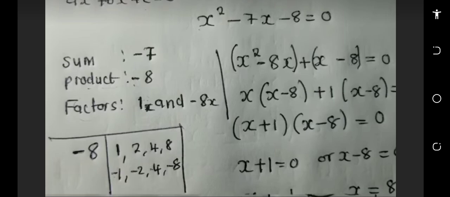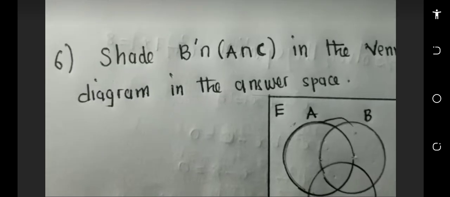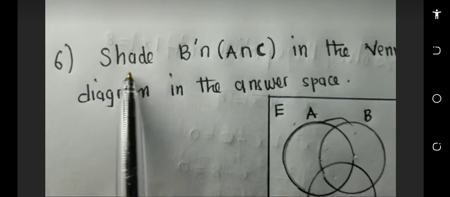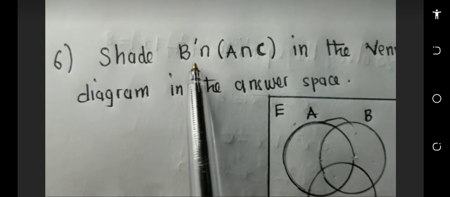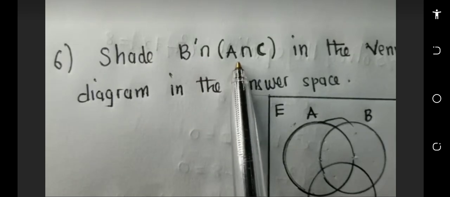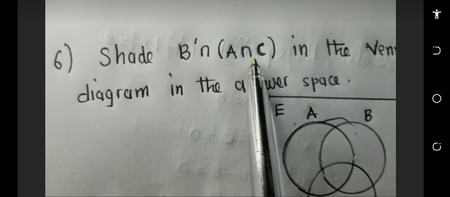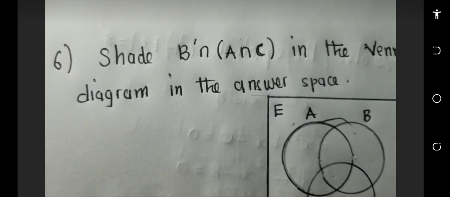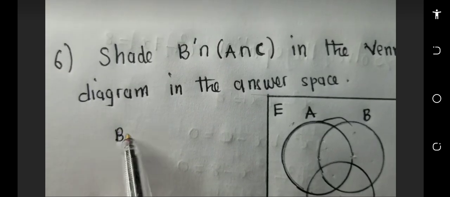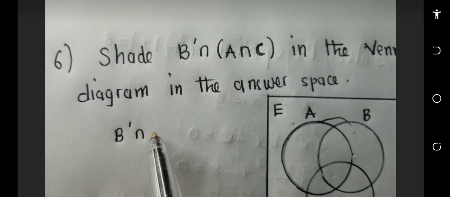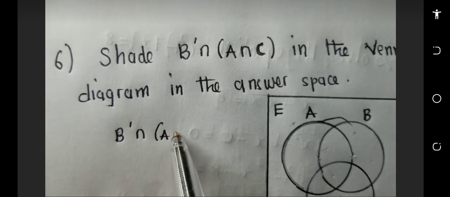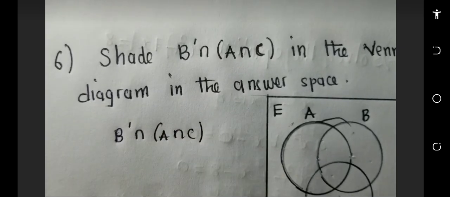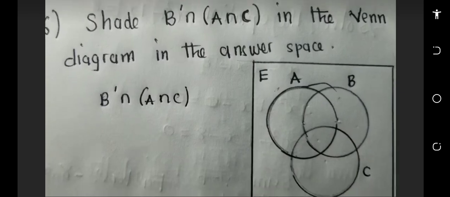Let's go to question 6 now. All right, so for question 6 here, we've been asked to shade this B complement intersect A intersect C right here. So the first thing that you must do, first let's copy the region which is needed to shade. So we need to show this, or we shade this on the Venn diagram here, okay?